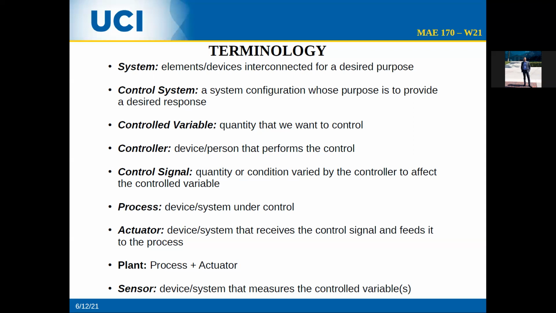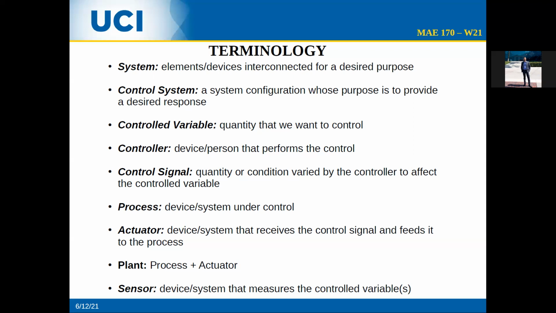And a control system is a system that is configured in order to reach a certain response, a certain goal. In this case, your eyes, your arm, your brain are all part of the control system.